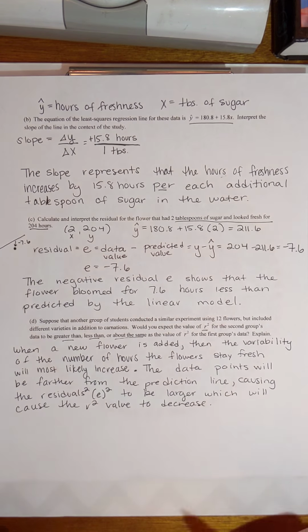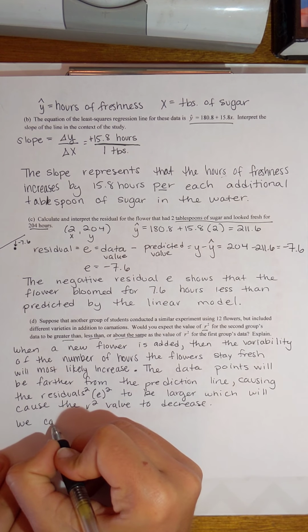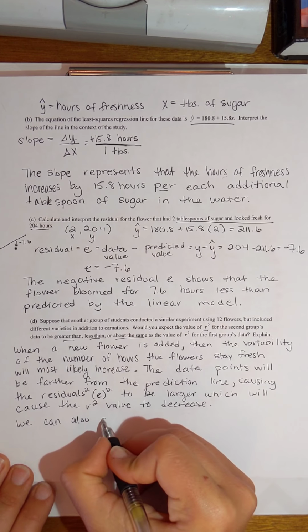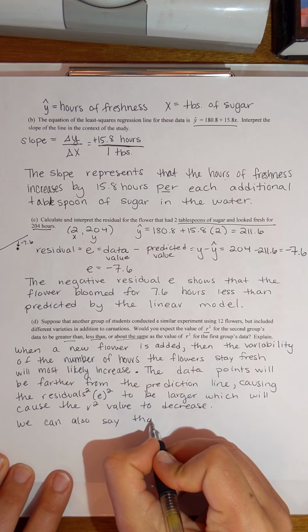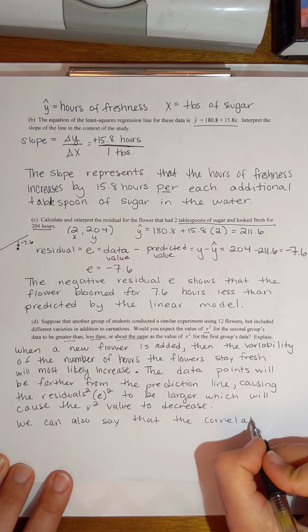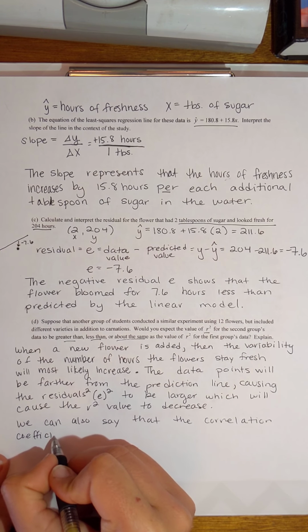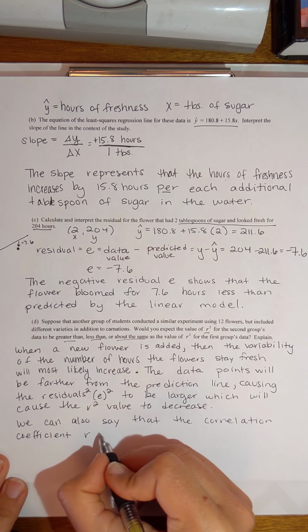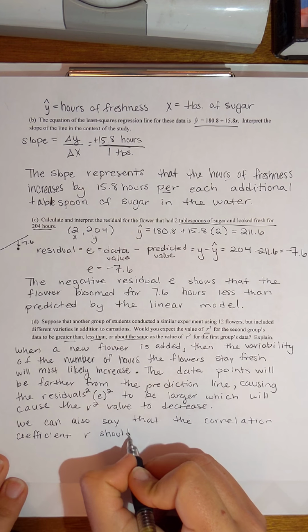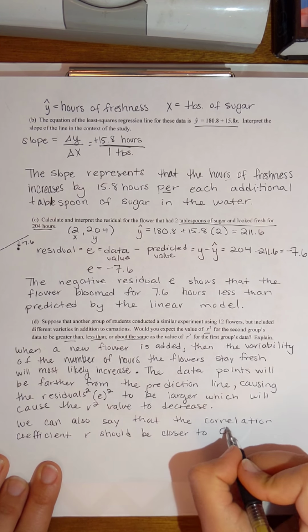Another sentence you could choose instead, if you want to talk about R, the correlation coefficient, you can say, we can also say that the correlation coefficient R should be closer to 0, right?